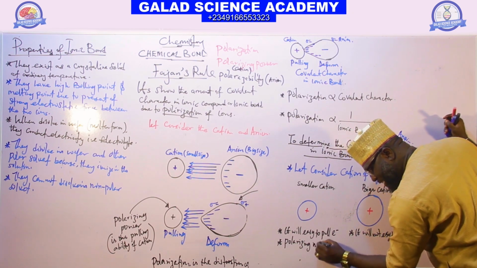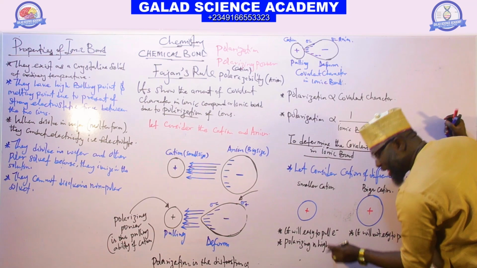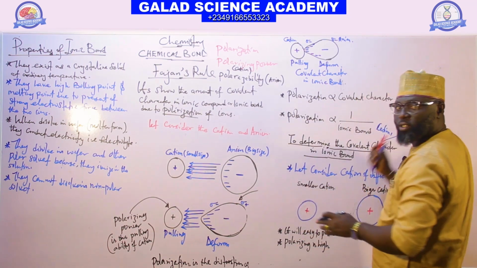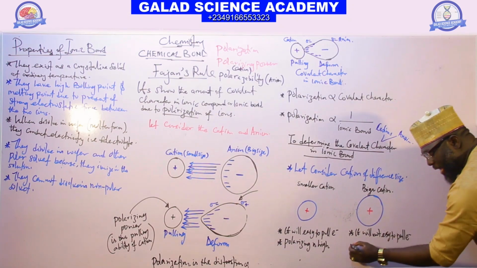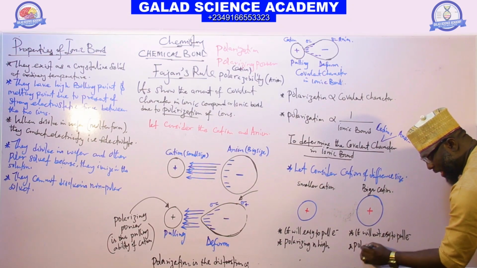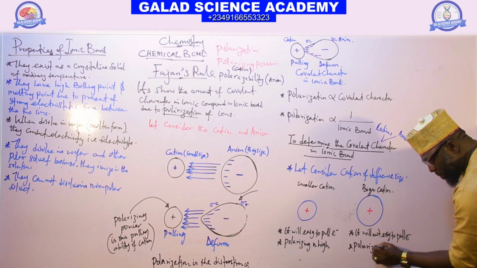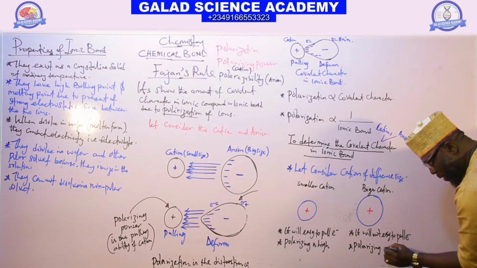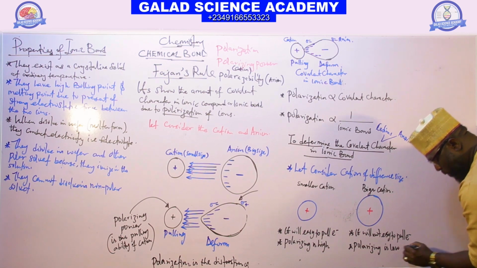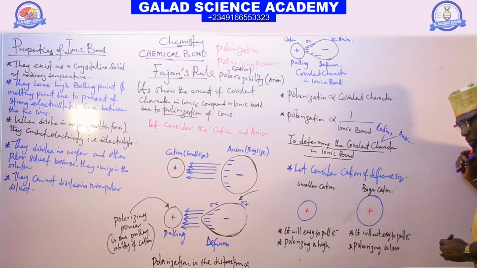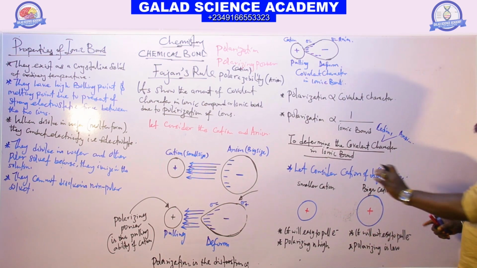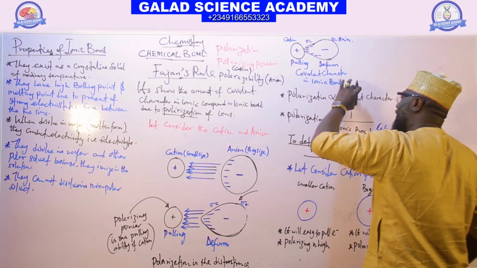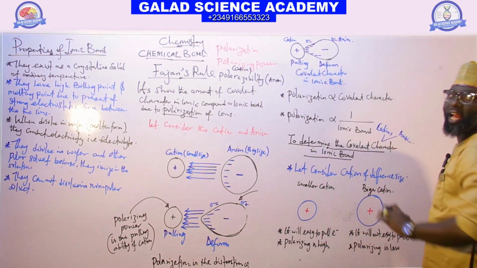power is high in a cation of small size. Here, the polarizing power is low, because of the bigger size. And I said the polarization is directly proportional to the covalent character.